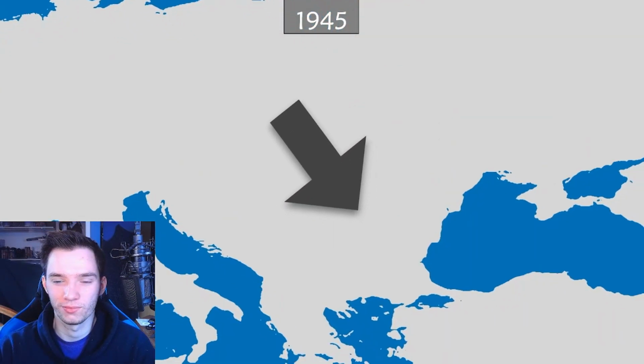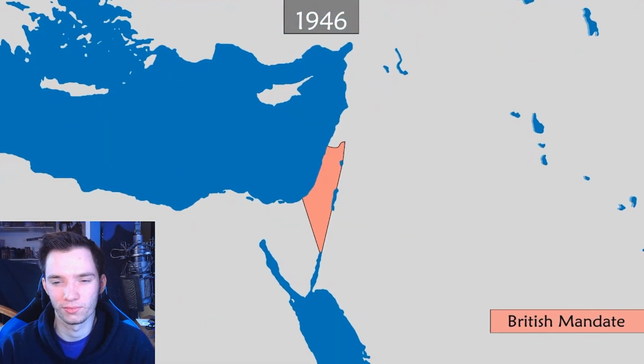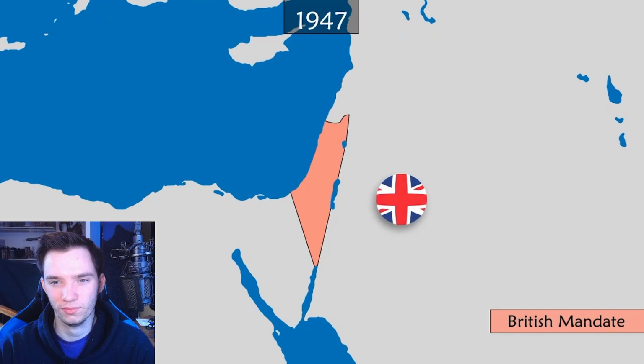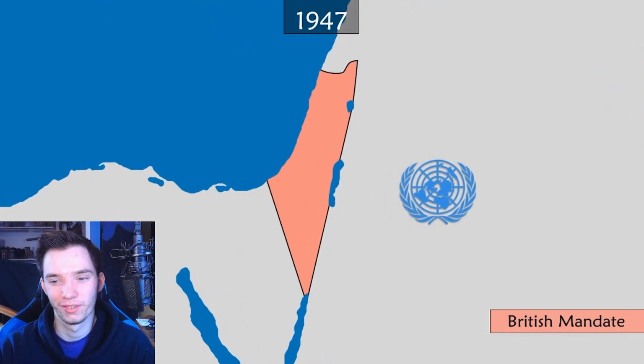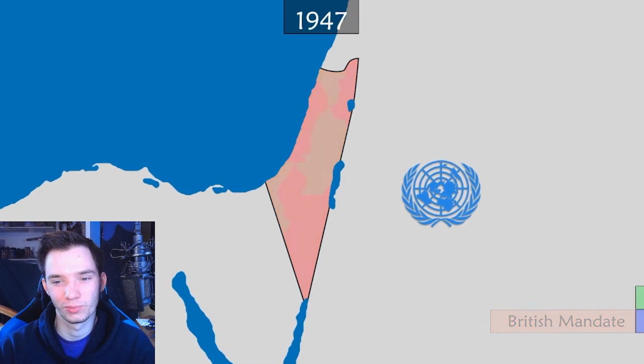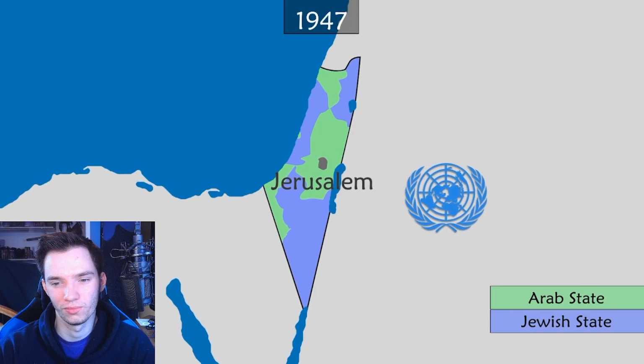Following the war, Jewish immigration to Palestine grows, increasing tensions with Arabs. Overwhelmed by the situation, the British begin their withdrawal from the area. The UN takes over and proposes to divide the region into two states, with Jerusalem being given a special status of an international zone.